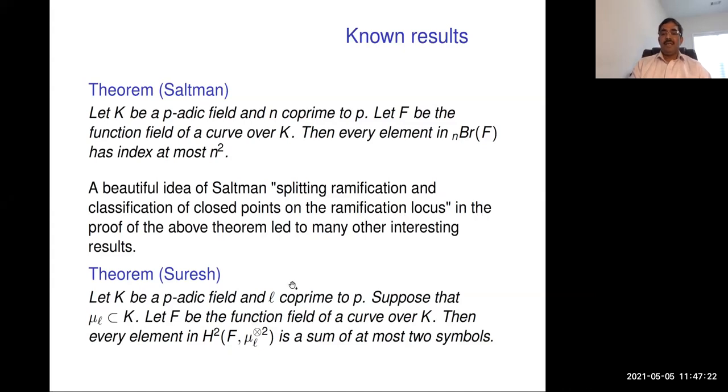He gives a criterion for when an algebra is a cyclic algebra, for prime degree algebras or prime torsion algebras. Using that, we proved this theorem. So it shows that for this field F, the l-2 bound is 2.